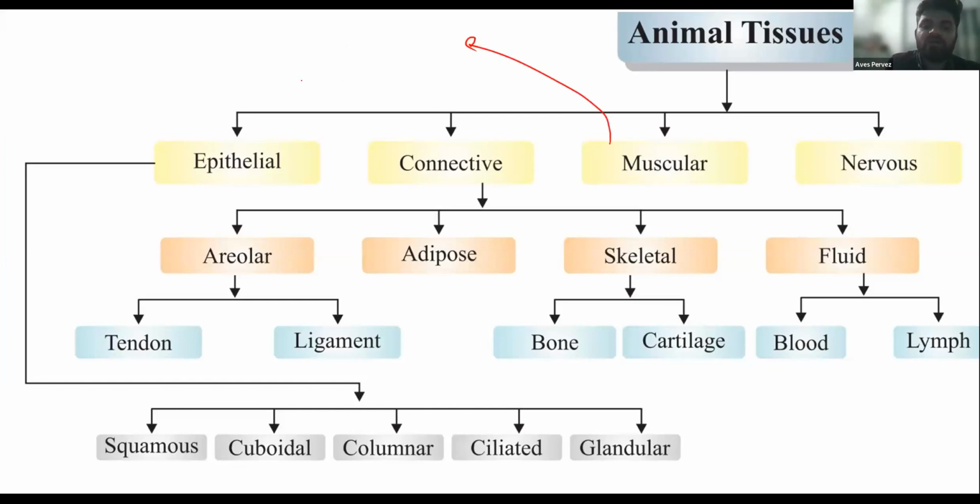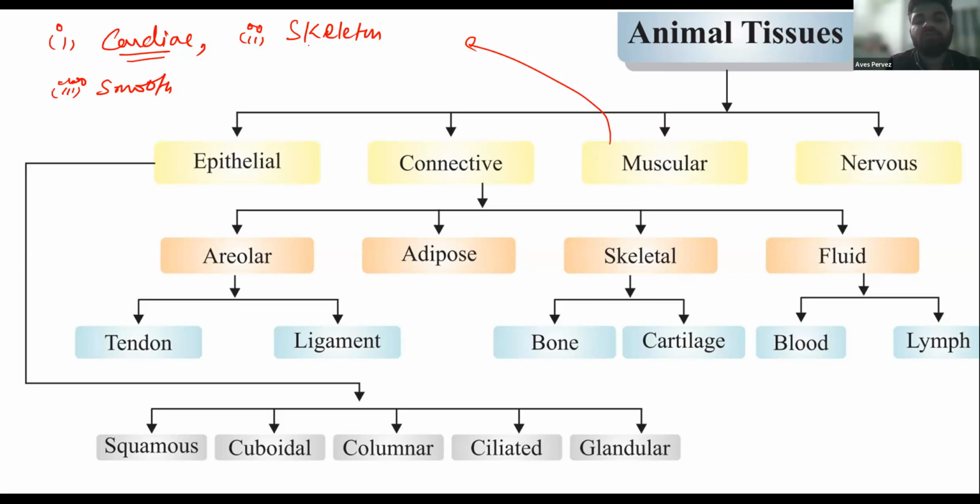One is the cardiac tissue, which is present in the heart. The second one is skeletal. The third one is smooth, or we can call it, and this is also called striated.